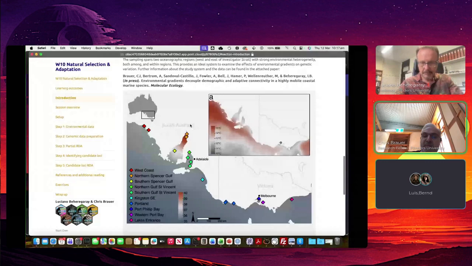Some of the individual sampling sites might have only had a handful of samples. So where there are sites that are really close to each other, for some of the analysis, those samples are combined into one site, and that may or may not be something you can do with your particular study system.